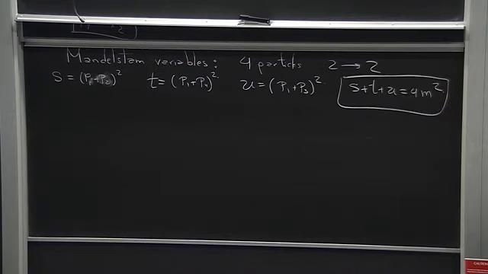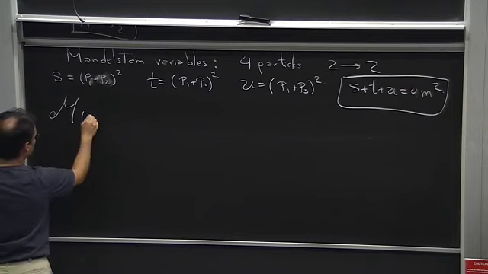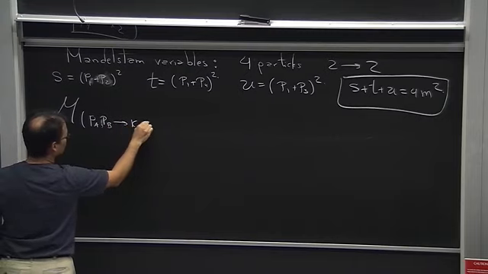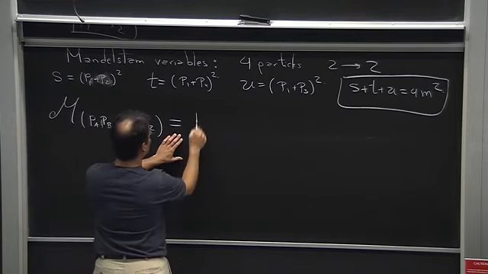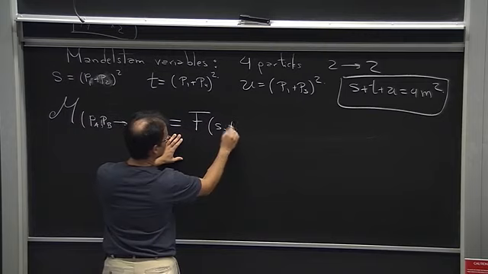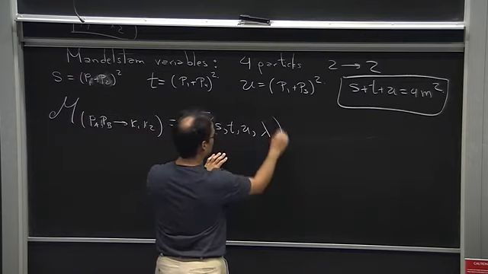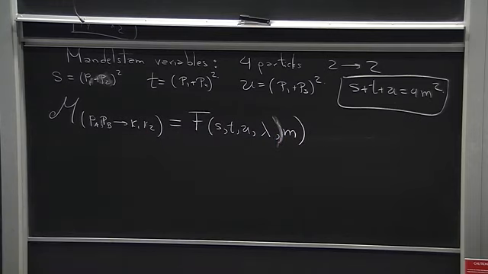The reason I bothered to write this is that our M, our amplitude, PA plus PB going to K1, K2, whatever it is, it can only be a function of S, T, and U. Of course, they are subject to this condition, and our coupling lambda and the mass of the particle, okay?